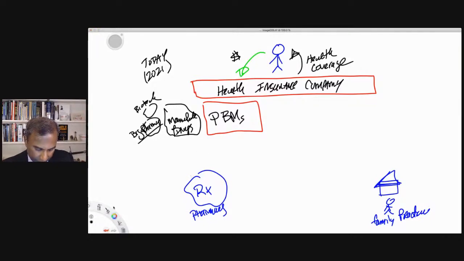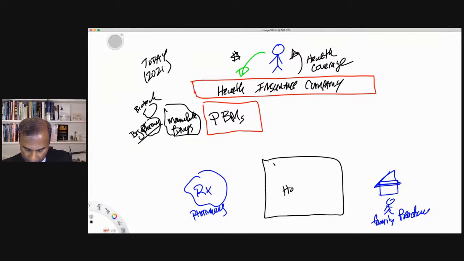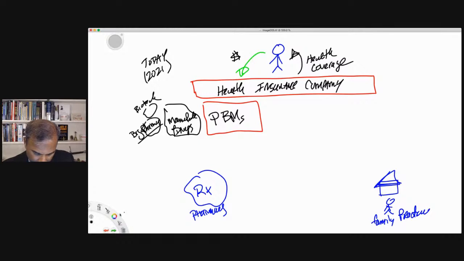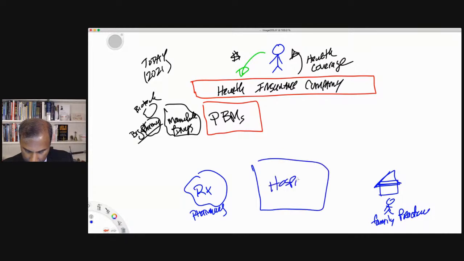Similarly, the hospitals have become much bigger, okay? Here are your hospitals. One of the interesting things here is you have to understand the doctors.